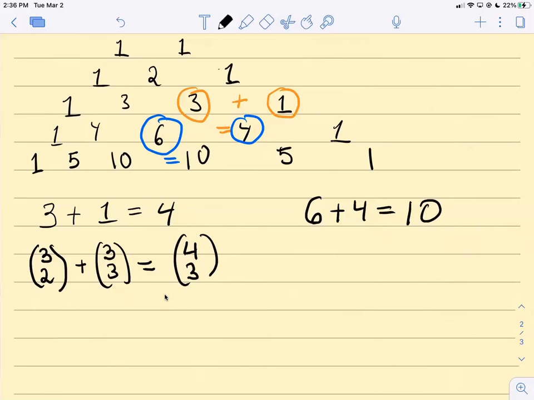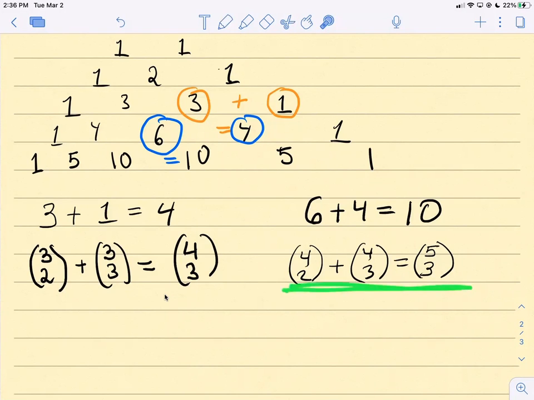Lily, do you want to share what you wrote? So I got 4 choose 2 plus 4 choose 3 equals 5 choose 3. Perfect. Oh, okay. Very good. Thumbs up if you follow what I did here, just figured out the spacing and where they are. Lily's answer here is really good. Excellent. Any questions? I'm happy to address any questions here.